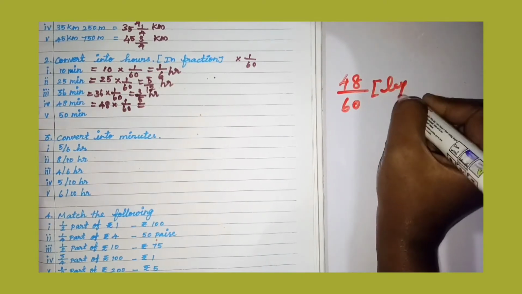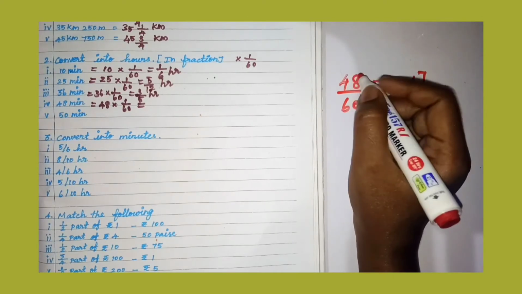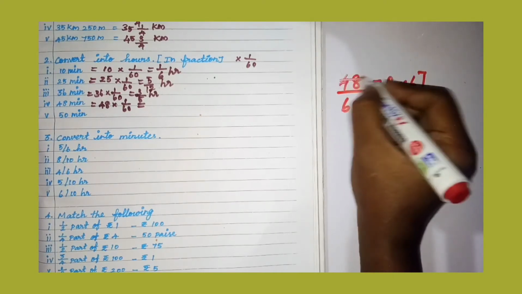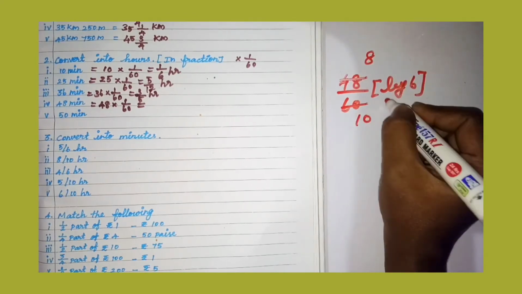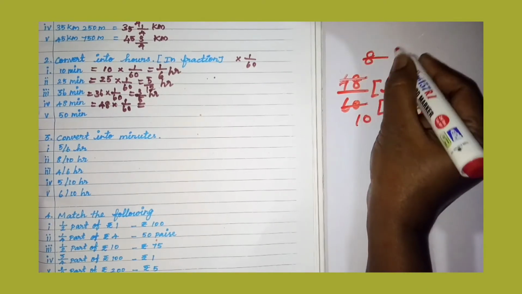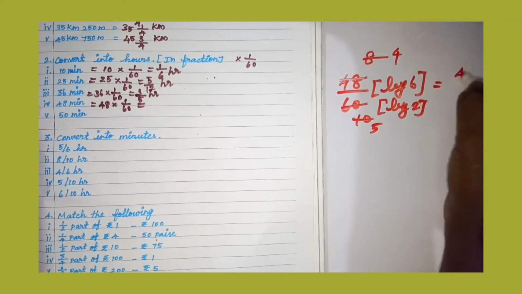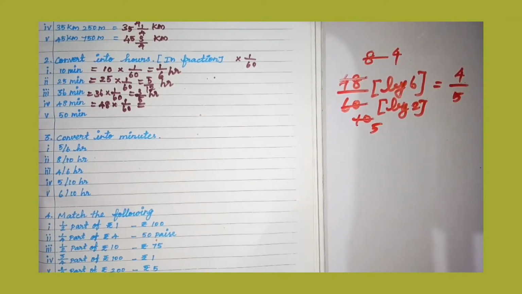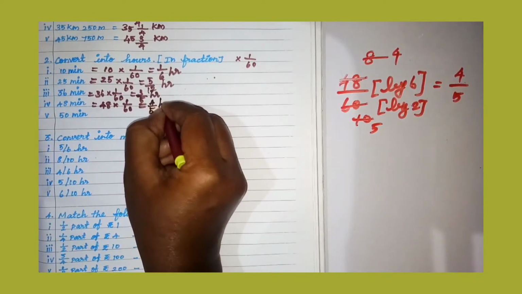First we take 6 table. 8 6s are 48, 10 6s are 60. Next we take 2 table. 4 2s are 8, 5 2s are 10. So the answer is 4 by 5. Fourth sum answer 4 by 5 hour.